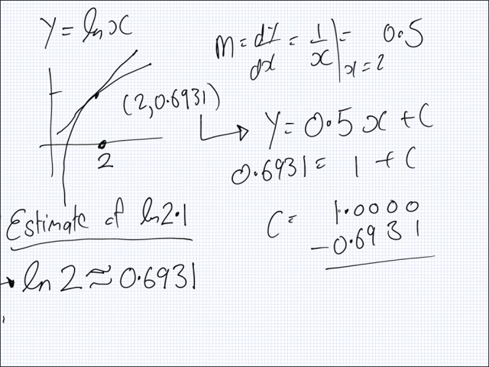Oh, okay, I'll fix the sign later. So this is negative c. Fine. This is an easier subtraction to do. That's 9, and that becomes 10, but that becomes 9. So 0.3069.